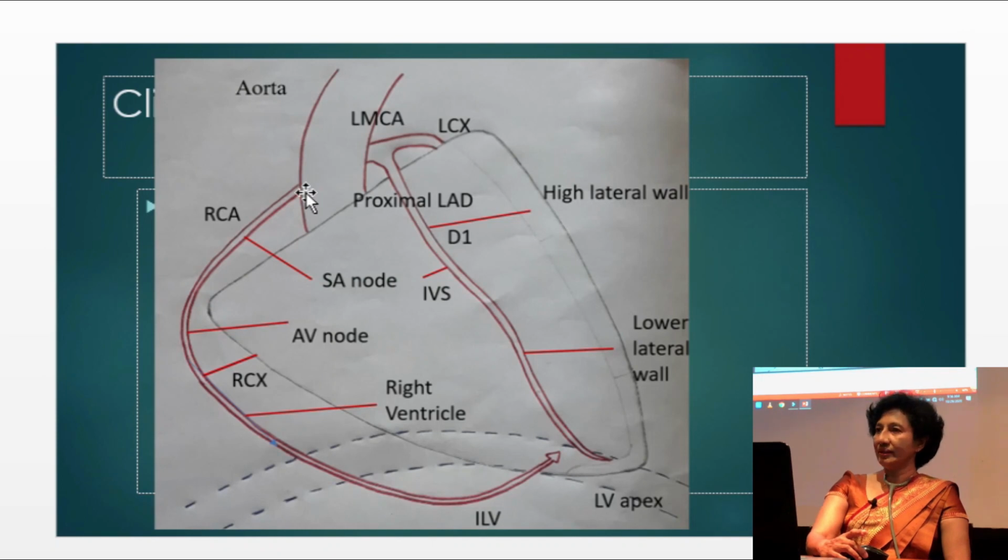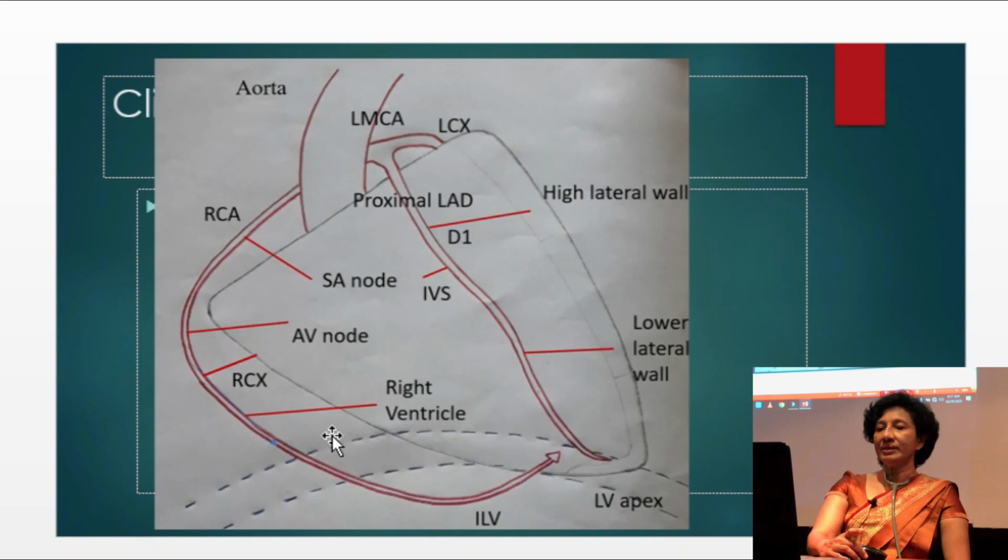The right coronary artery comes down and supplies the inferior wall of the left ventricle. The first branch of the right coronary supplies the SA node, then it supplies the AV node, and in the majority the true posterior wall of the left ventricle is supplied by the right circumflex artery.